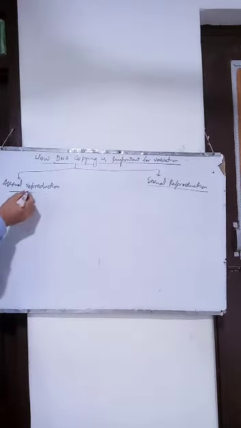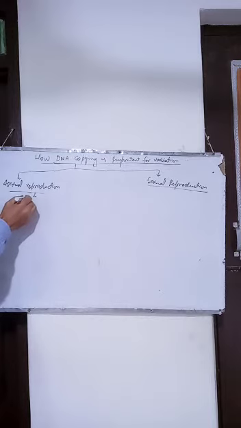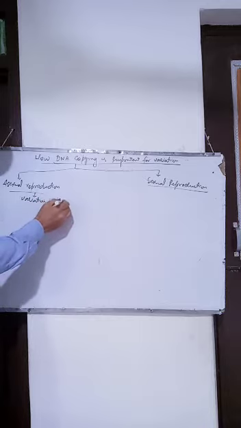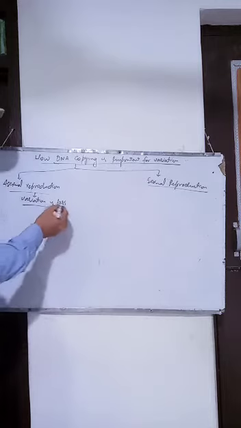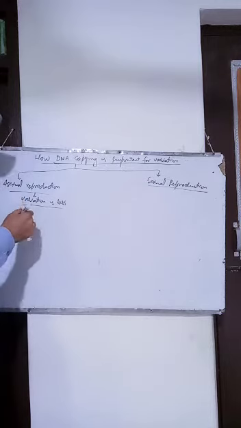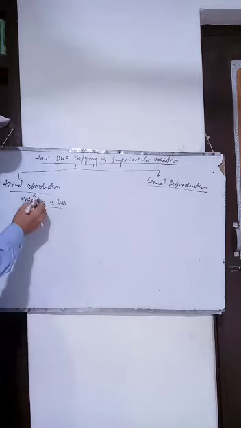And in asexual reproduction, the variation is less. Or you can say to some extent they are similar.